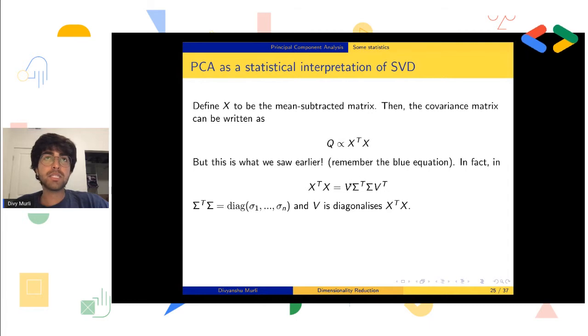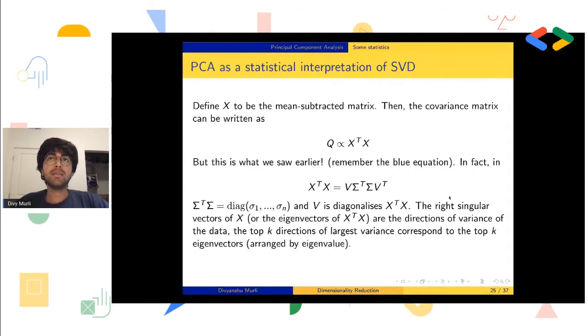And sigma transpose sigma, which is an n by n matrix because it's the matrix in the feature space, has diagonal values sigma 1 to sigma n, the singular values of x, which relate to the variances. The eigenvectors of x transpose x and the right singular vectors of x are the same thing. Those are the columns of v.